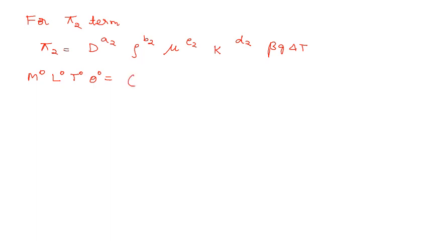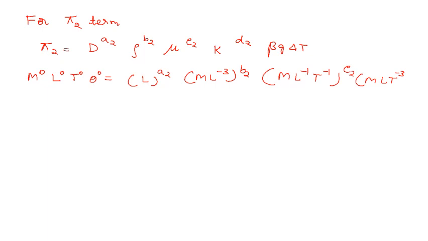On the right hand side, I have L to the power a2, M L minus 3 to the power b2, and the third term, M L minus 1 T minus 1 to the power c2, and for the d2 term, I can write M L T to the power minus 3 theta to the power minus 1 with d2, and lastly the buoyancy force I can write as L T to the power minus 2.